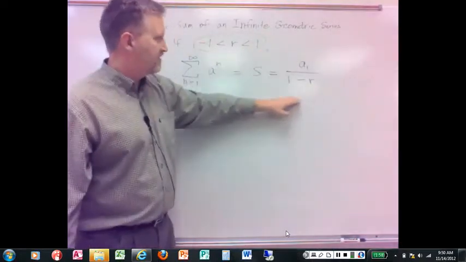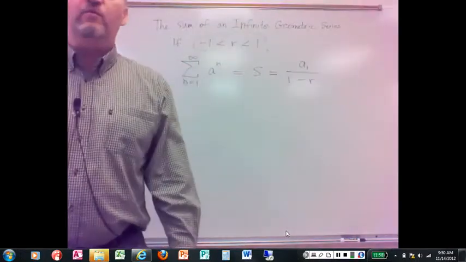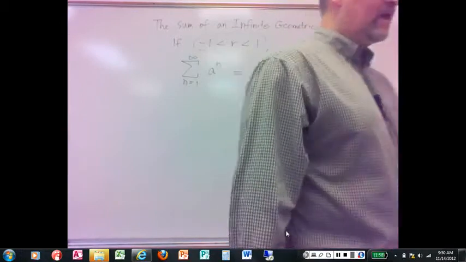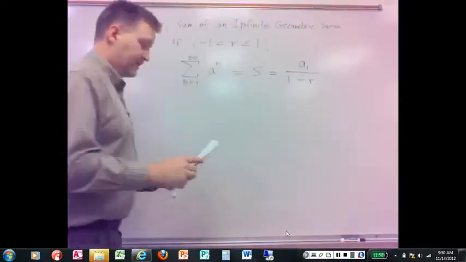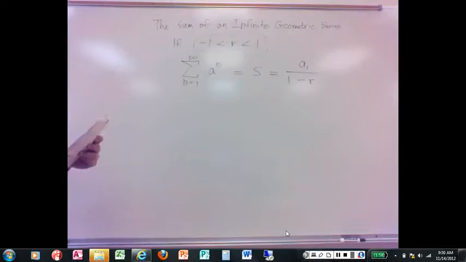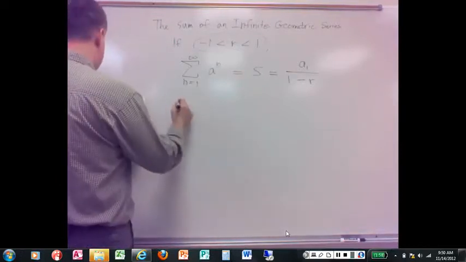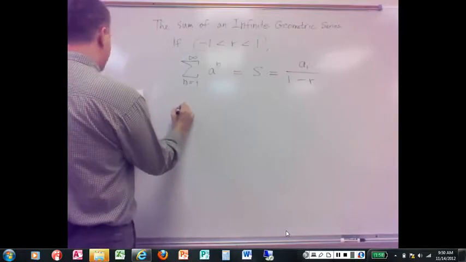However, it does have a sum, and it turns out the sum of that series is A1 divided by 1 minus R. For example, the formula is a little bit simpler than the sum of the finite geometric sequence, but let's look at it.